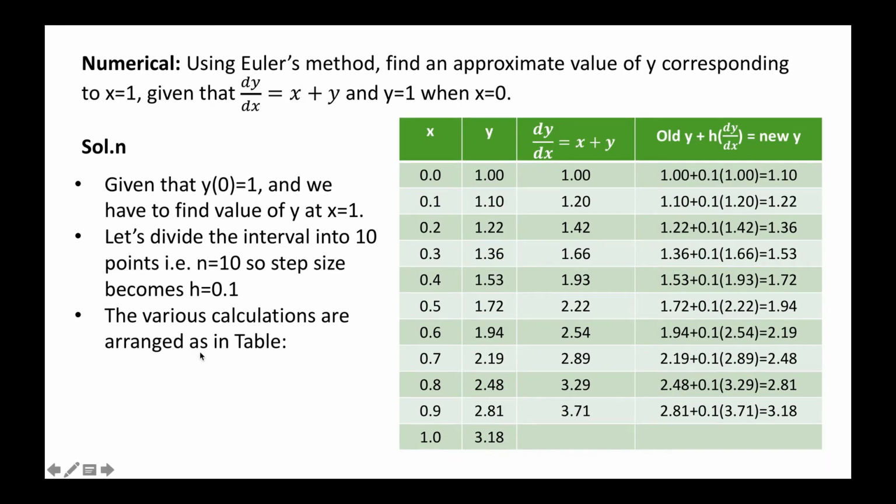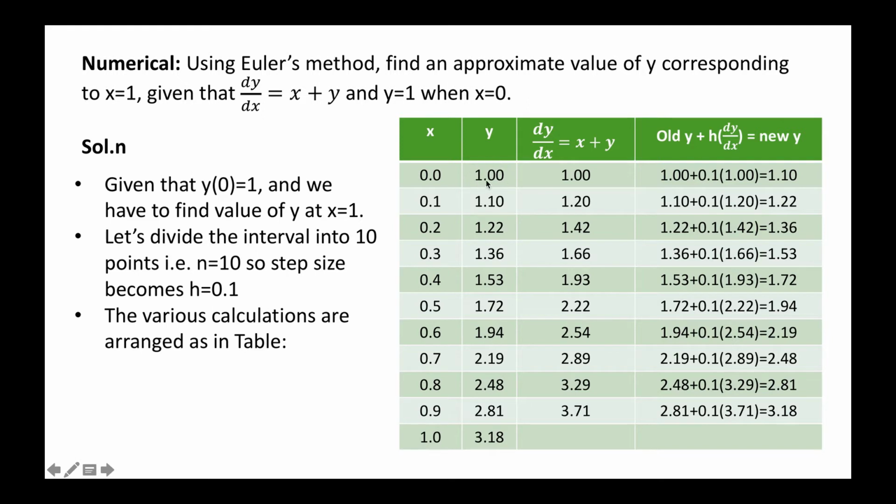So the various calculations are shown in this table. We have x starting from 0, whose value of y is given, and then in steps of 0.1 we are moving towards 1. The corresponding value of y we have to calculate.